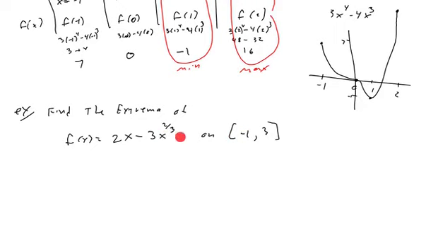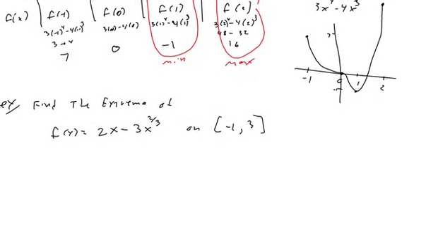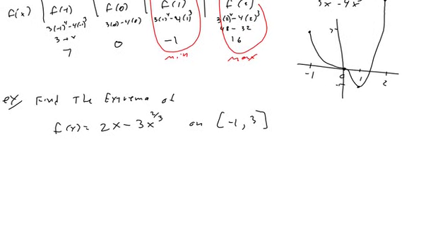Cube root of -1, can I do that? Am I allowed to put this negative in here? This one, it's all okay. So what hint can I give you? Odd roots can be negative.